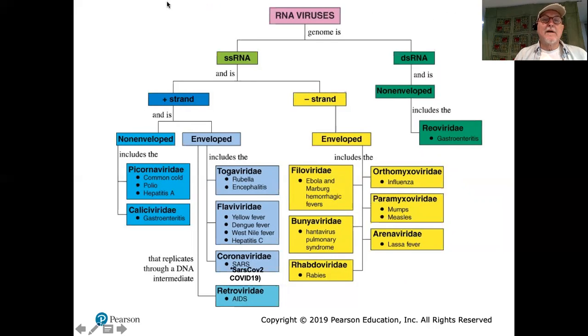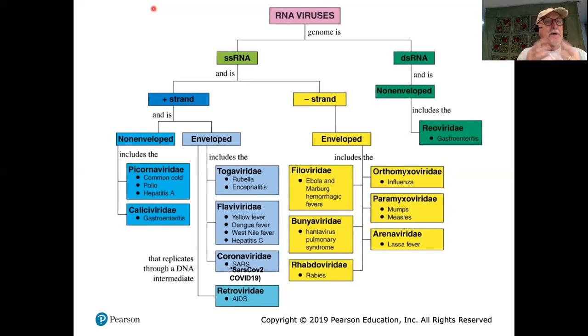And the RNA viruses, well, there's something that I need to explain. They can have single-stranded RNA, which most of them do. They have single-stranded RNA as their genome. But they may also have double-stranded RNA as the genome.